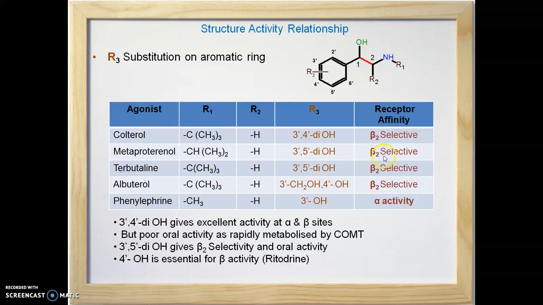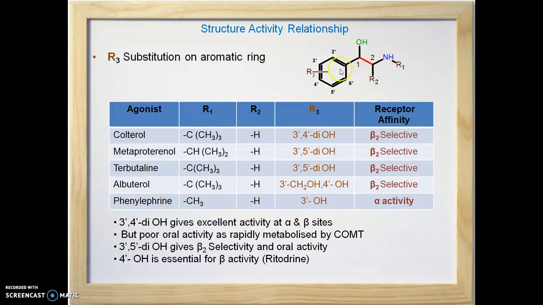In addition, it provides beta-2 selectivity. Examples are metaproterenol and terbutaline, which are bronchodilators. Other substitution also provides oral activity and beta-2 selectivity, such as 3-hydroxymethyl group and 4-hydroxyl group on phenyl ring in albuterol.